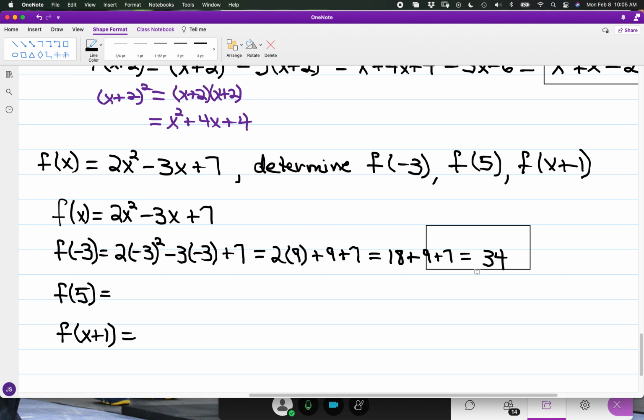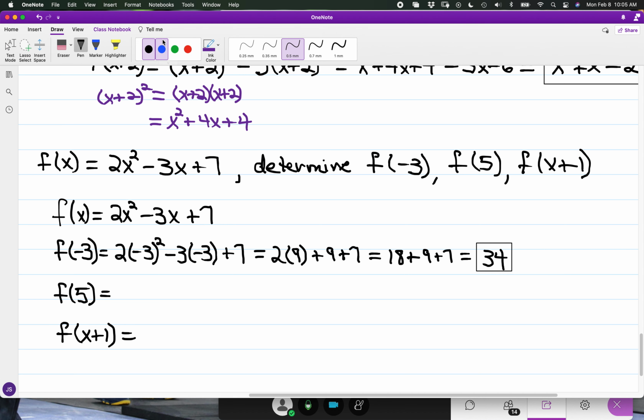Now for the input value at 5, we have x represented by 5. So we have 2 times the square of 5, minus 3 times 5. Again, followed by the addition of 7.